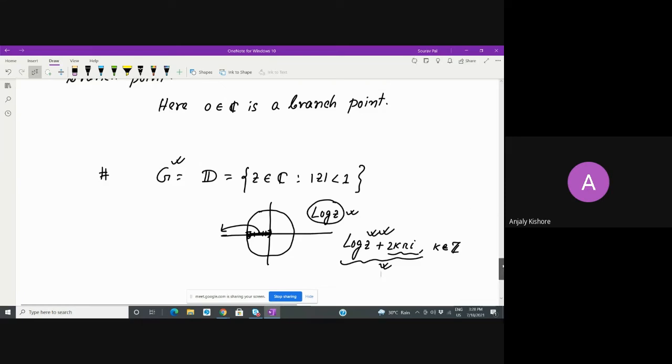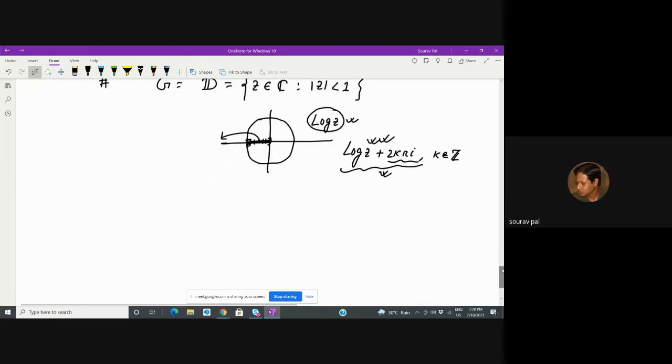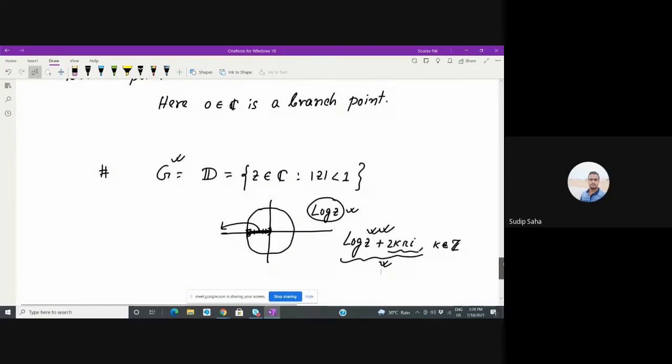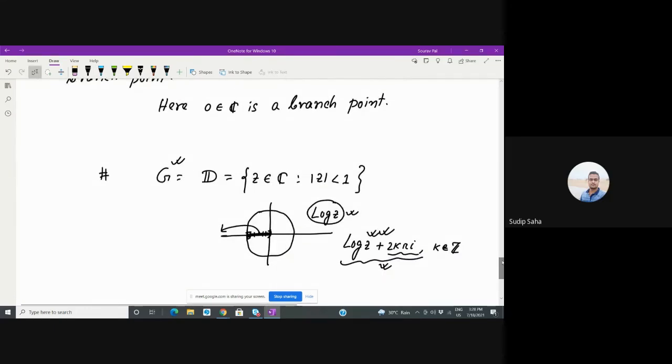Sir, I have a question. I want to know what the branch point depends upon. Is it dependent upon the logarithmic function or what? No, it's not dependent upon the function. Here you have one branch cut and you have all these branches. If you remove another radial line, for example this line, you have another set of branches of logarithm.